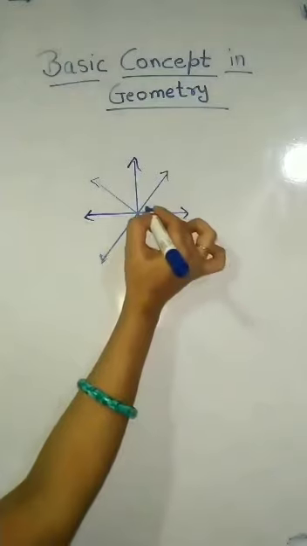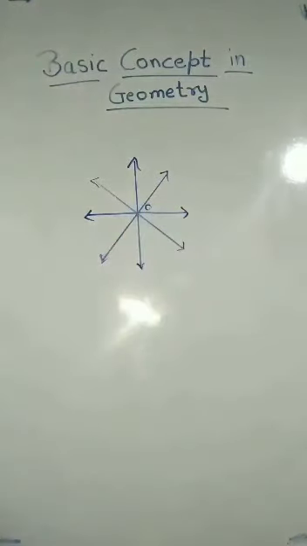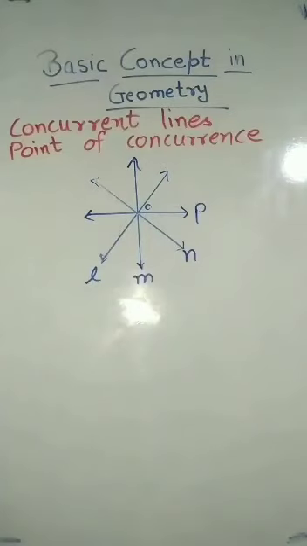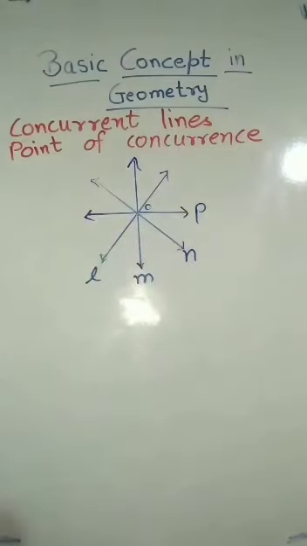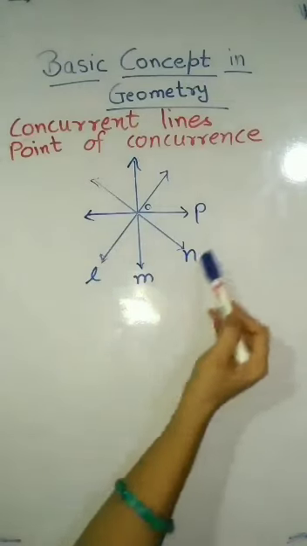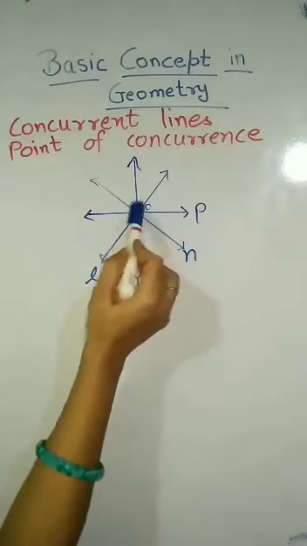This is a point O. Clear? Now the next is the concurrent lines, and point O is known as the point of concurrence. Means the common point through which all these lines pass is called the point of concurrence.